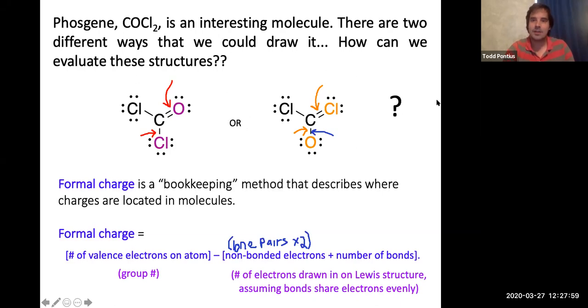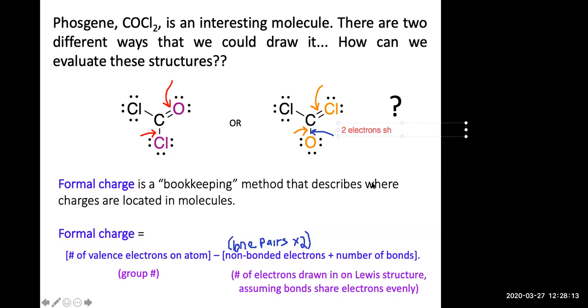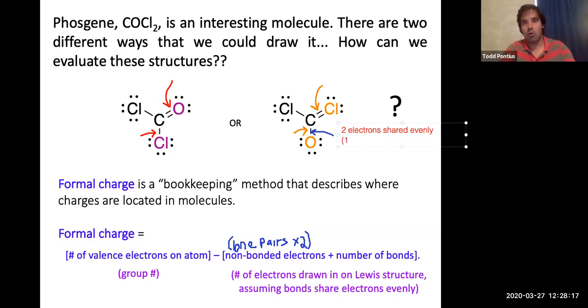Excellent, good. Every bond has 2 electrons in it. What we assume here is that these 2 electrons are shared evenly. So 1 on each atom.